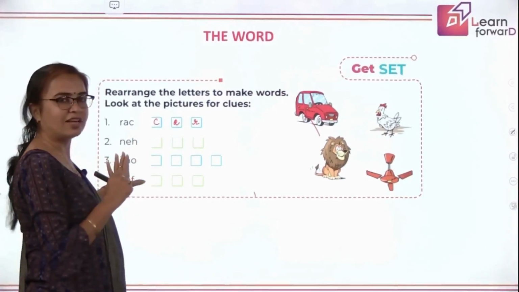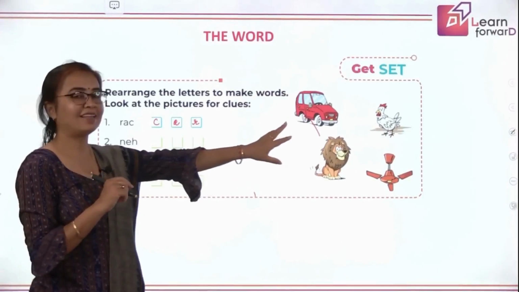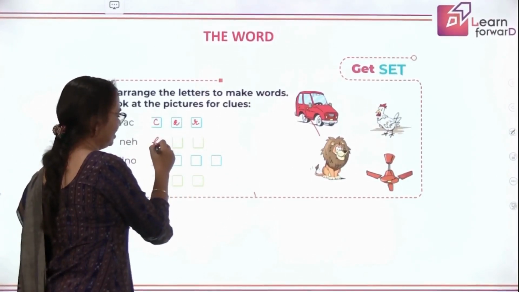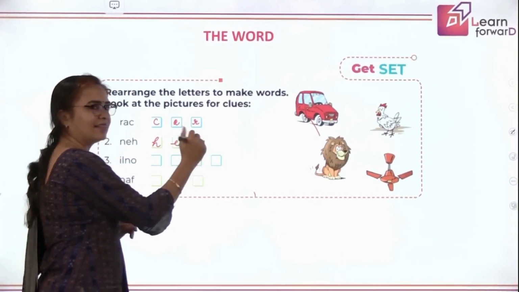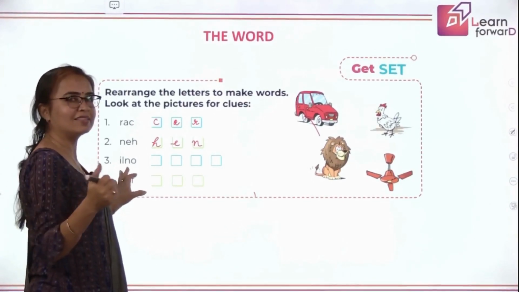Let's arrange the next one. And here is the picture. That is a hen. Hen. That's perfect.